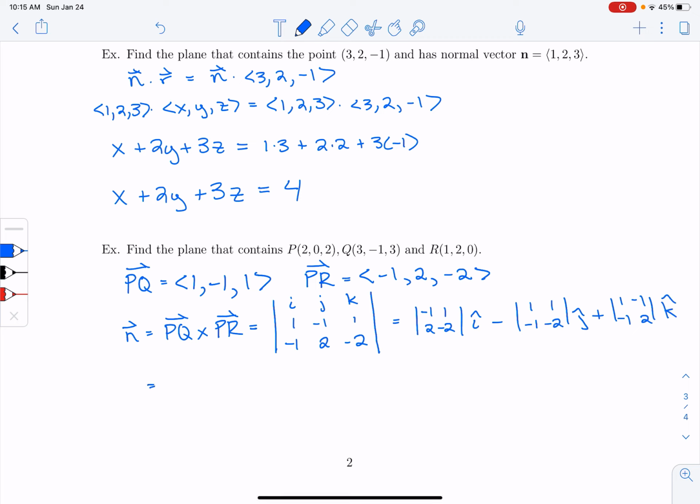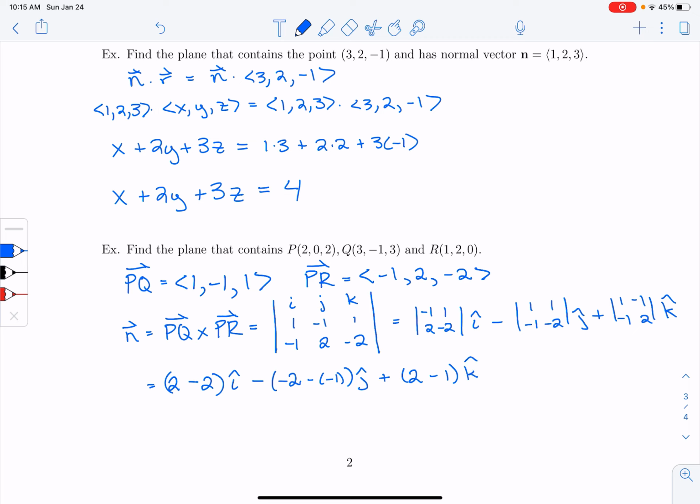So let's work that out. So we have negative 1 times negative 2. So we're going to get 2 minus 2 times i, minus, let's see, negative 2 minus negative 1 times j, plus 2 minus 1 times k.